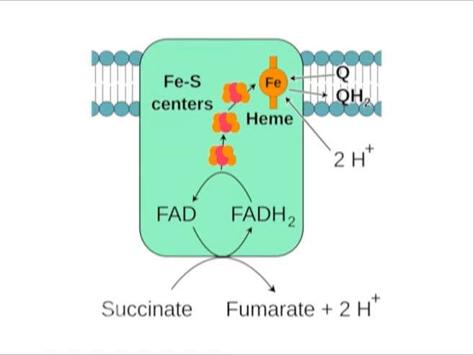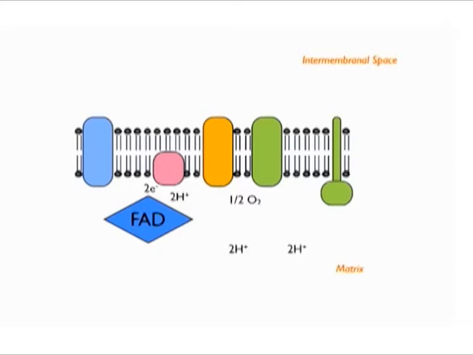Instead, electrons are transferred to the Fe-S clusters of the succinate dehydrogenase enzyme, which also functions as a part of succinate Q reductase, complex 2 of the electron transport chain.